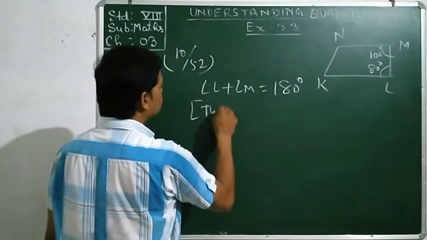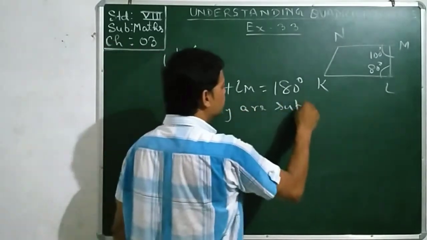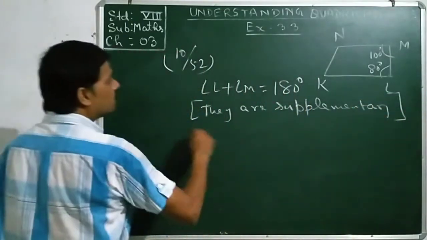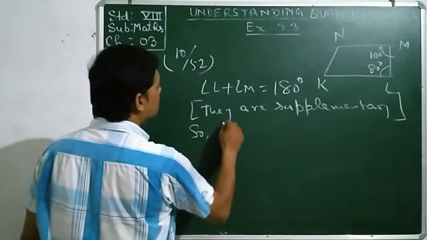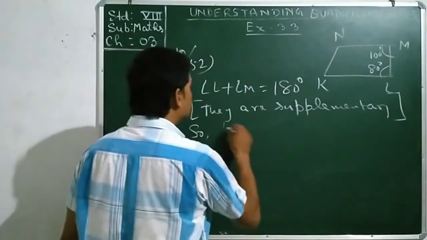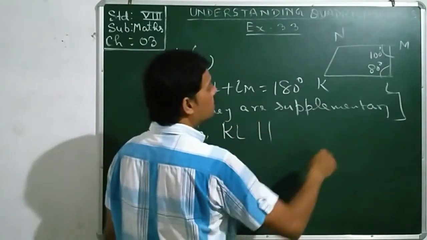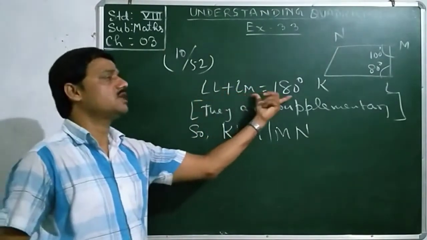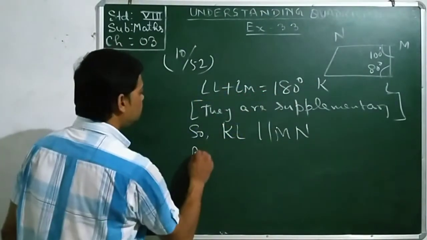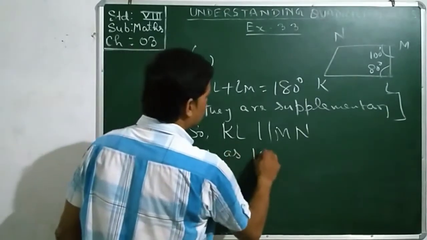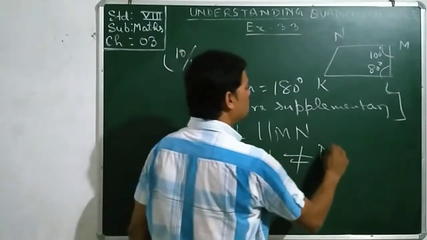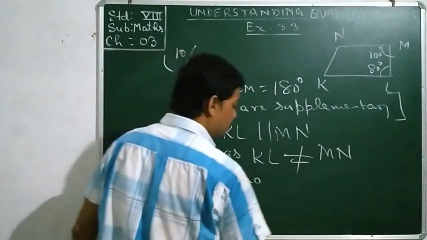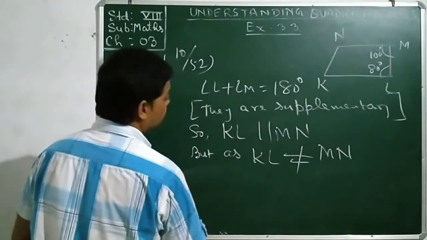They are supplementary, and so KL is parallel to MN, and we can write very simply because they sum up to 180 degrees, but as KL is not equal to MN, it is a trapezium.